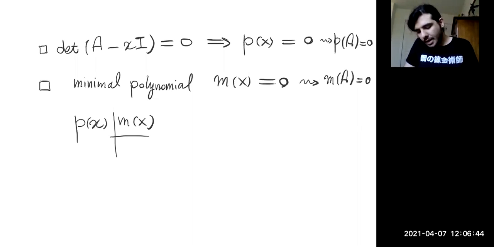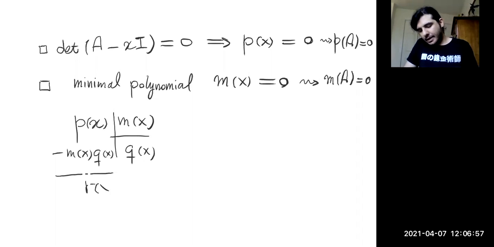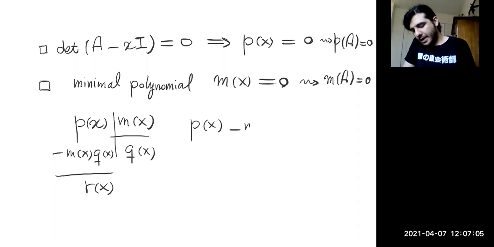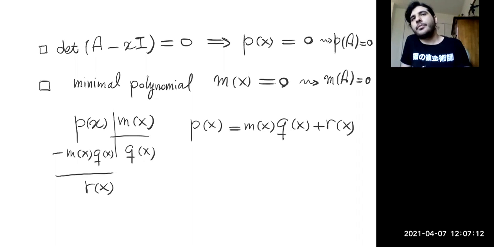I can divide the polynomial p of x by the polynomial m of x. Suppose the result is m times some other polynomial q of x, and then there would be a remainder, let's call it r of x. It's similar to the way we divide integers. So p of x is equal to m of x times q of x plus r of x, where r of x is the remainder.